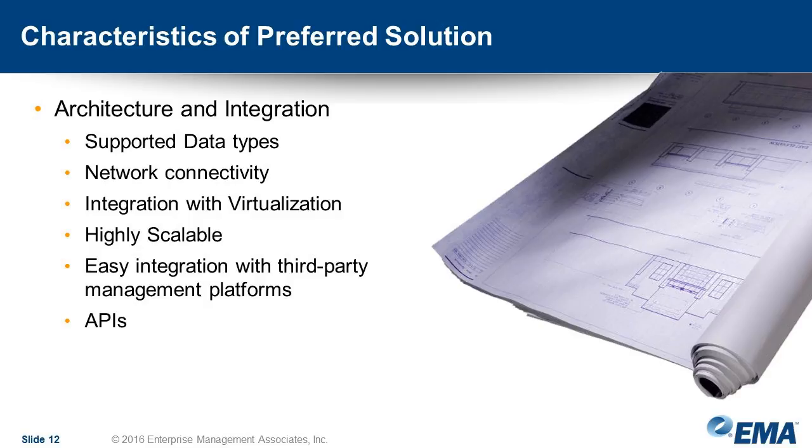The ability to support both block and file, and if applicable, object storage has a great advantage from a consolidation standpoint, and also provides a degree of flexibility in actually changing applications without having to change storage systems.